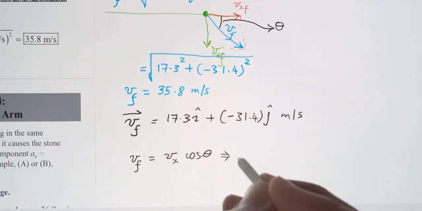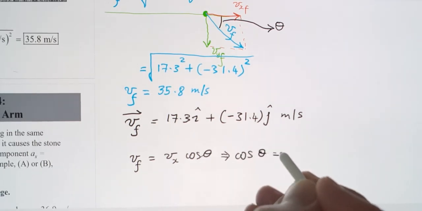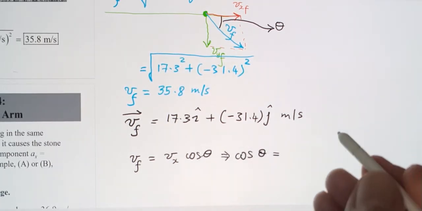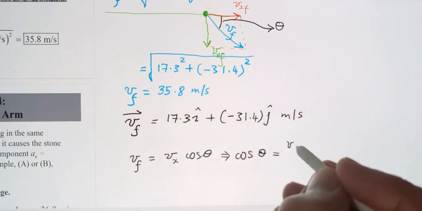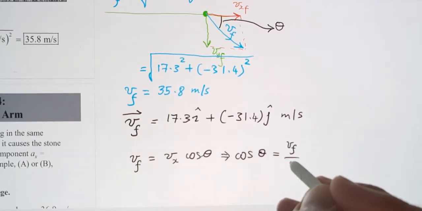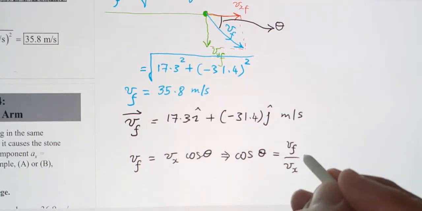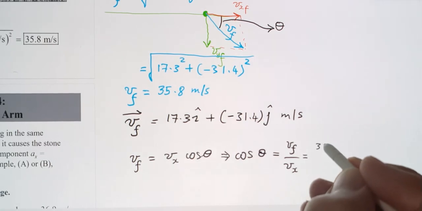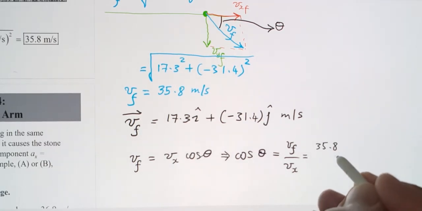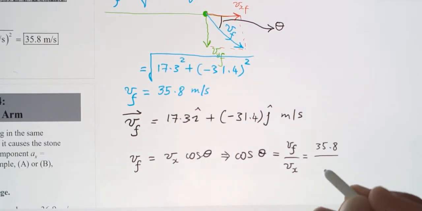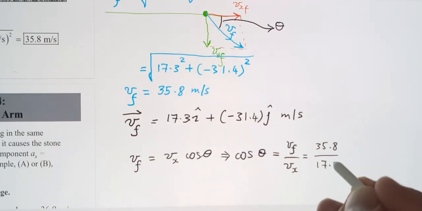So that means cosine theta is V final over Vx. V final is 35.8. Vx is 17.3.